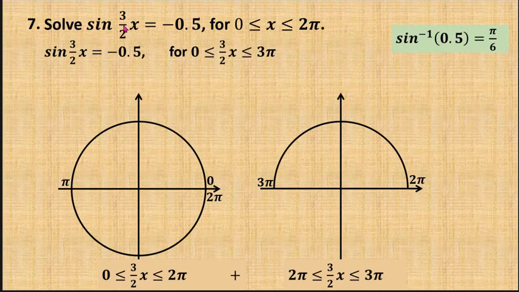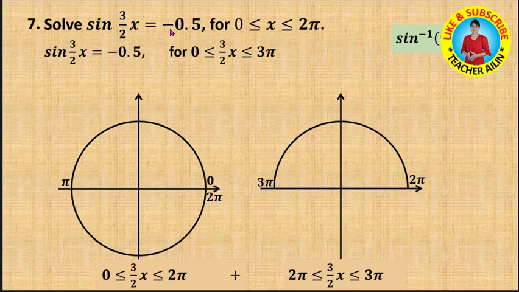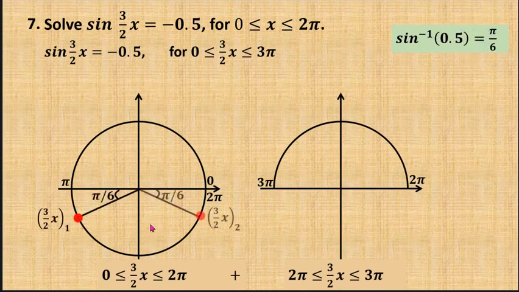Since sine 3 over 2 x is equal to a negative value 0.5, the angle 3 over 2 x should be in the third quadrant and fourth quadrant in the first circle. The third quadrant and fourth quadrant in the second circle are out of range, so they are not included. After determining the position of the angle, now I'm going to find the values of the angle.